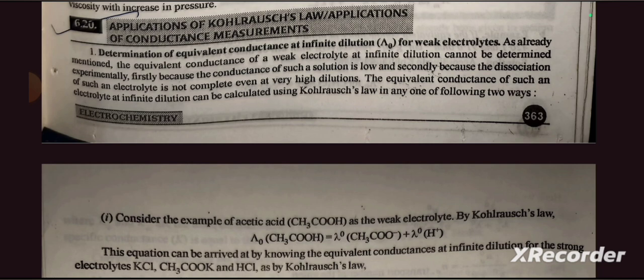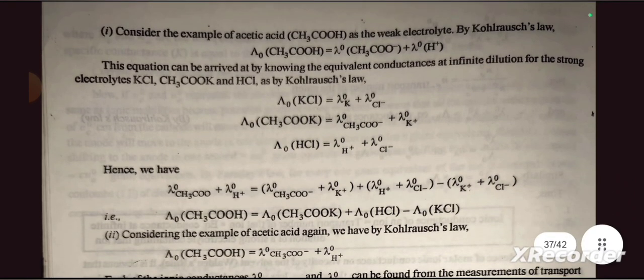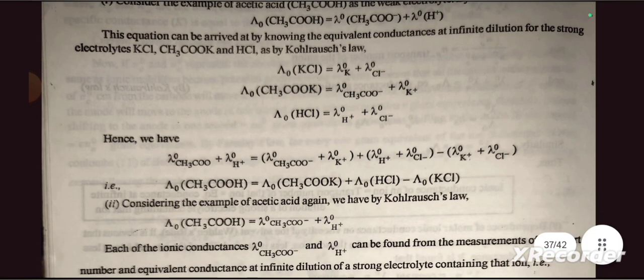The equivalent conductance of such an electrolyte at infinite dilution can be calculated using Kirchhoff's law in any one of the following two ways. First, considering the example of acetic acid, CH3COOH, as a weak electrolyte: lambda naught CH3COOH is equal to lambda naught CH3COO negative plus lambda naught H positive.